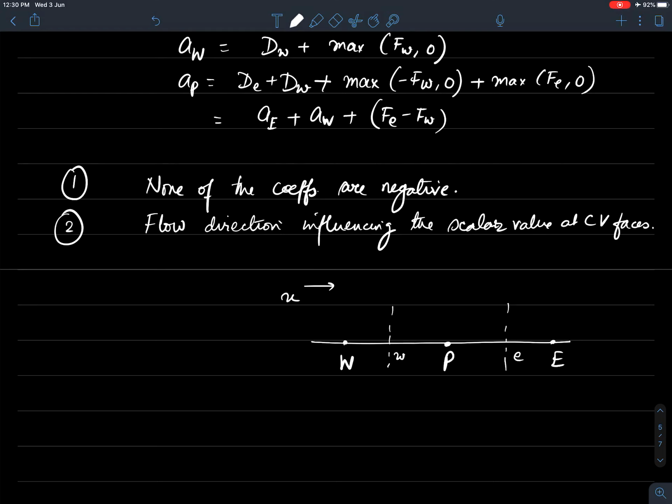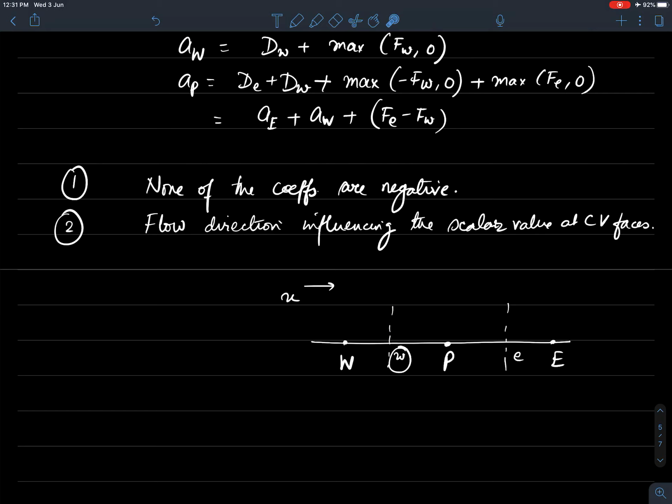So in a strongly convective flow, which is going from west to east, the west face should actually receive much stronger influence from node W than from node P. What we had done in central differencing was to assume that the value at the face is an average of these two.